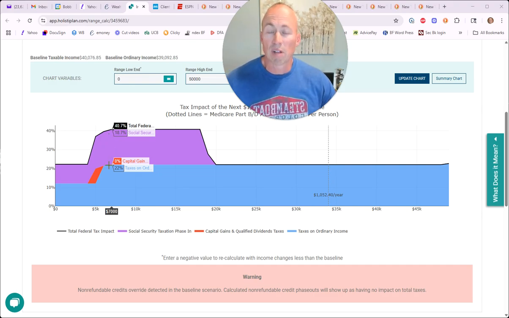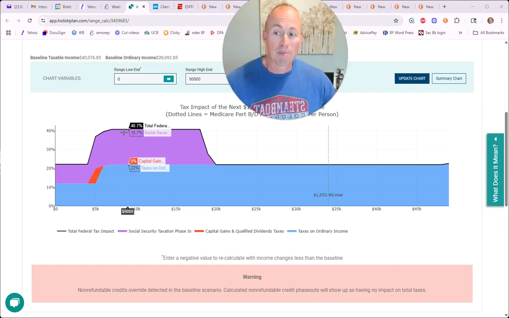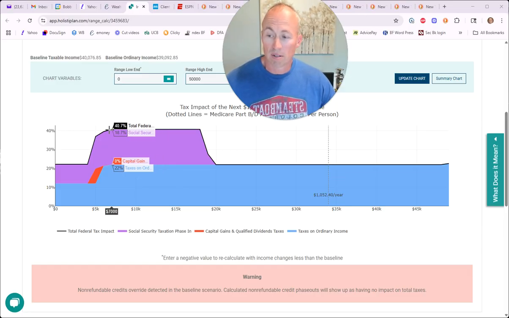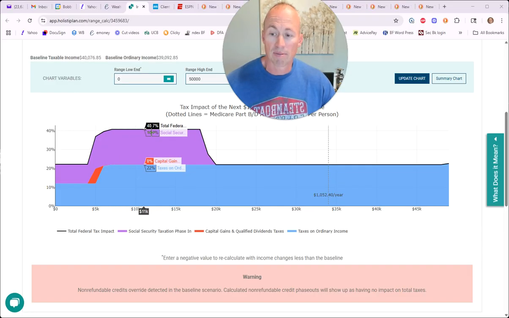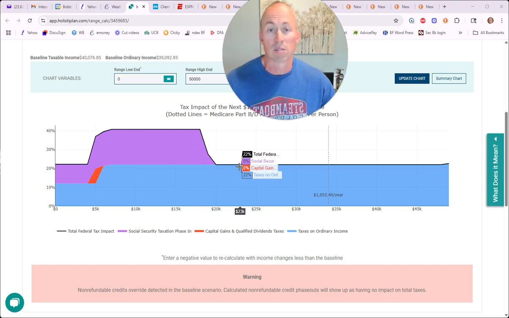So she's moved up into the 22% federal income tax bracket, and it's causing more of her Social Security to be taxed, which is an effective rate of 18.7%. So she's effectively paying 40.7% income tax on additional income from $7,000 all the way up to $18,000. And then that goes down over the next couple $1,000s to where it's just the 22% federal income tax.